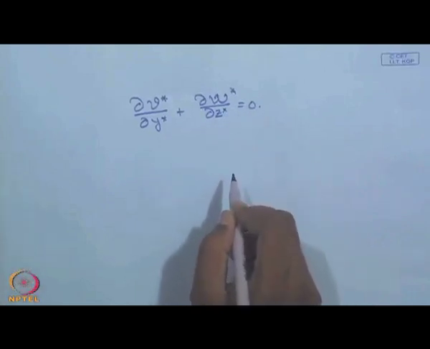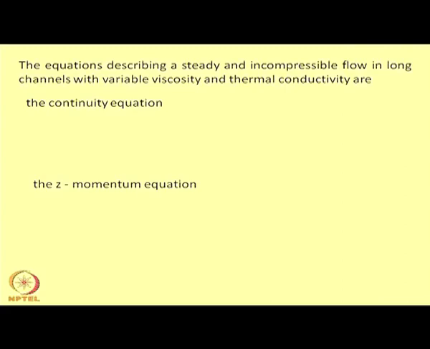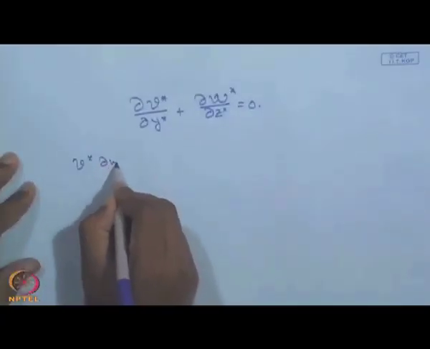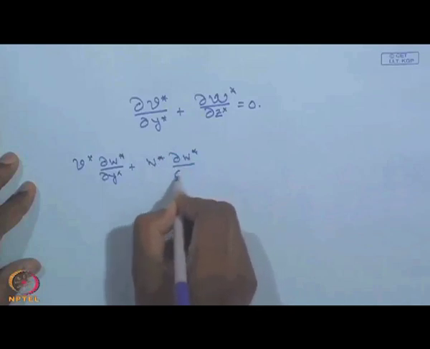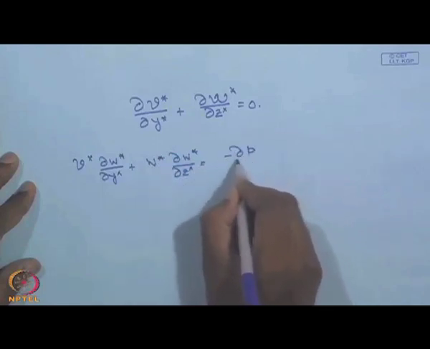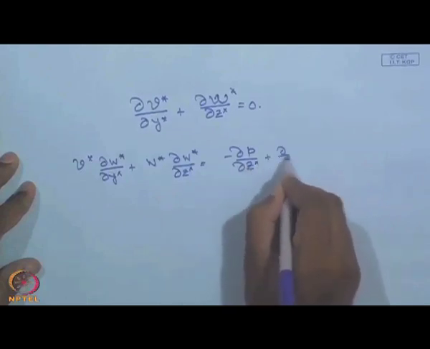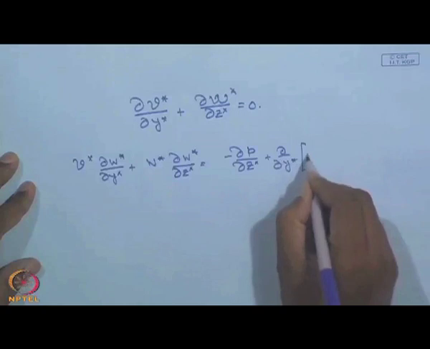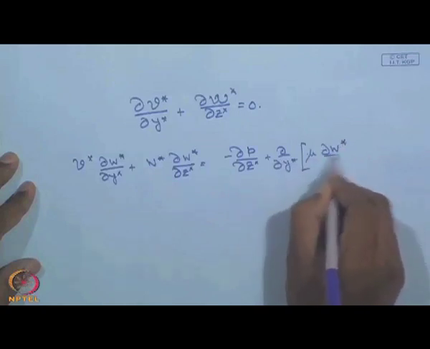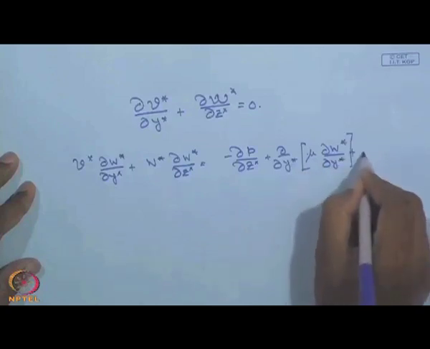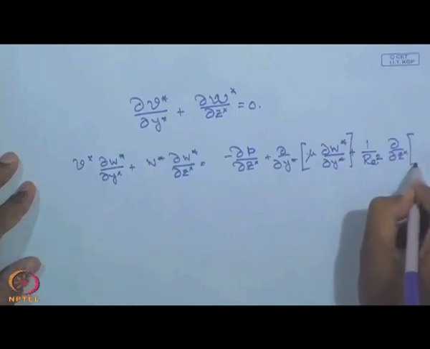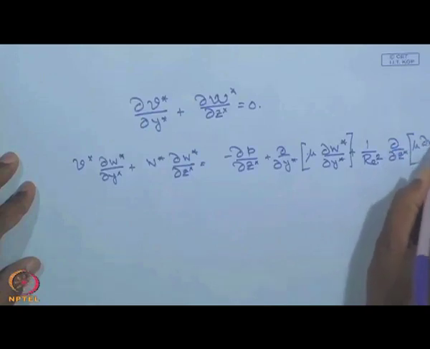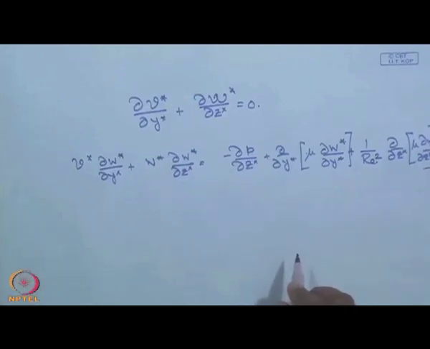That is the continuity equation in dimensionless form, and the Navier-Stokes equation would be the pressure gradient plus the viscosity term, where this is the Reynolds number, and the Z momentum equation.